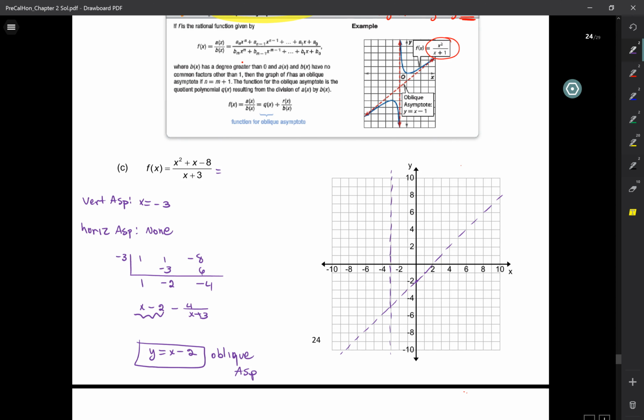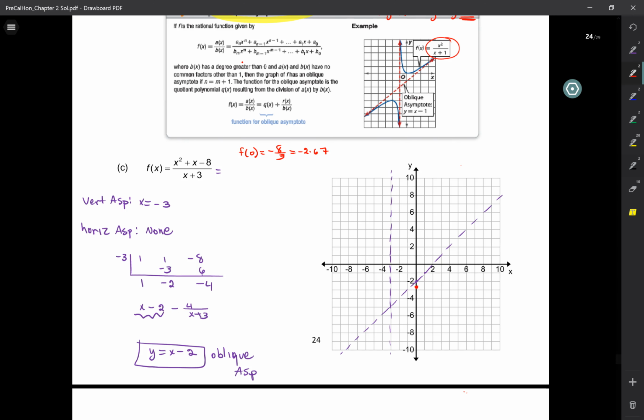All right? And now, why don't we pick some values here again? So let's see what f of 0 is. Well, f of 0 is -8/3, which is -2.67. So it's somewhere here, below. All right, so it's below the asymptote there.